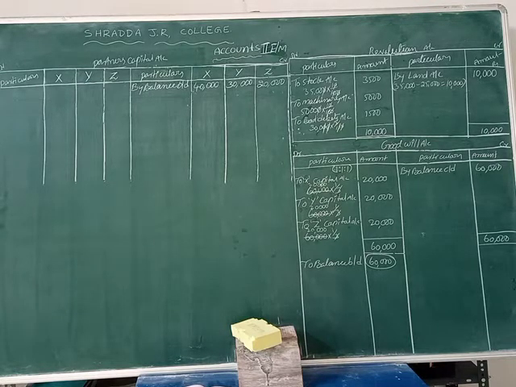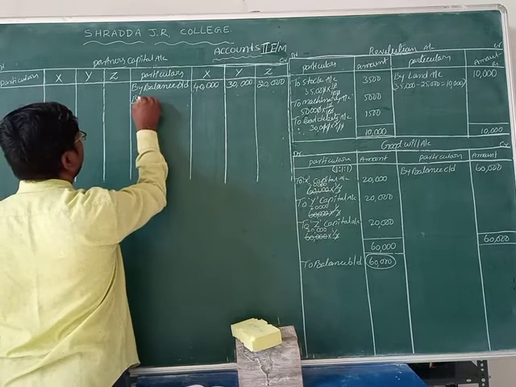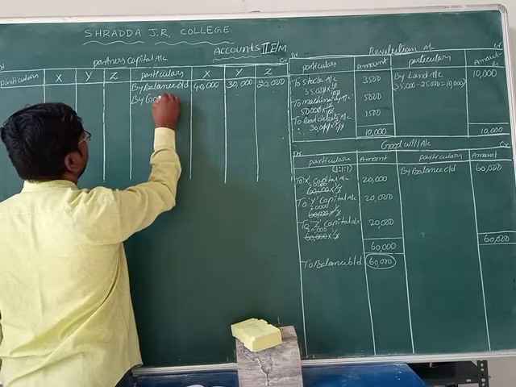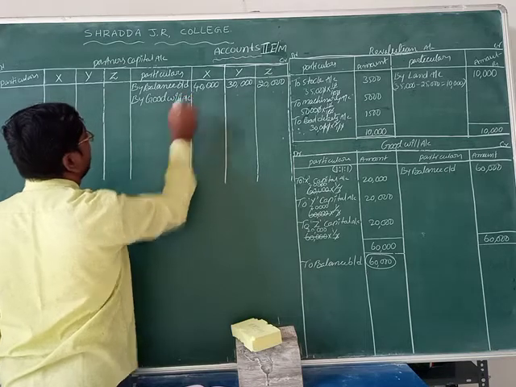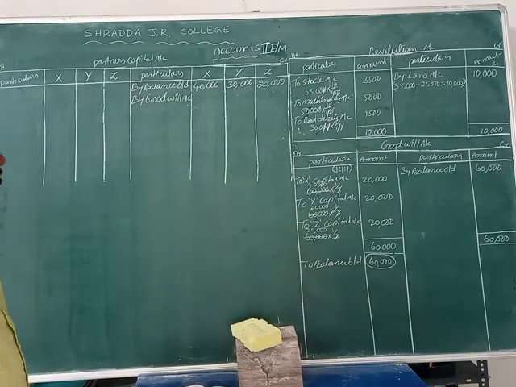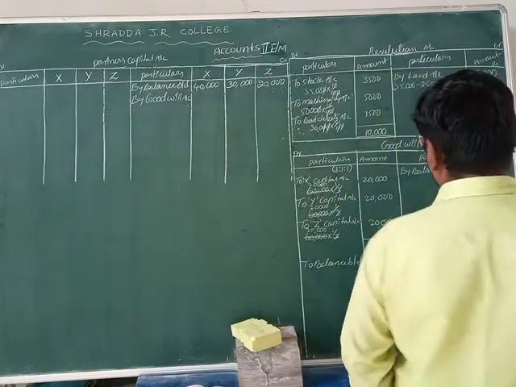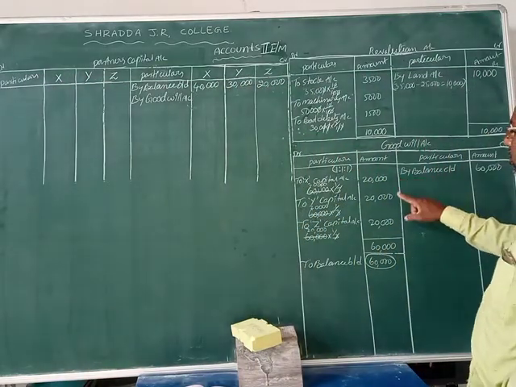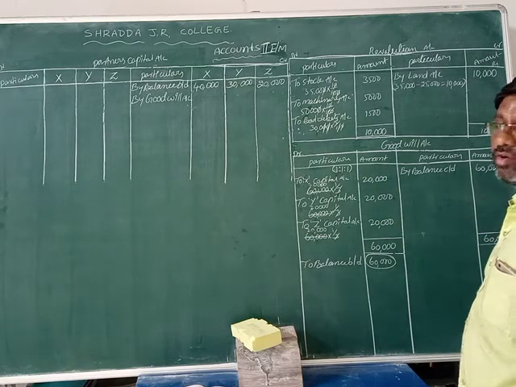Okay now. Let us take the second one, the goodwill account. Okay now, students, what is goodwill? Let us see here. The goodwill account has X goodwill 20,000, Y goodwill 20,000, and Z goodwill also 20,000.